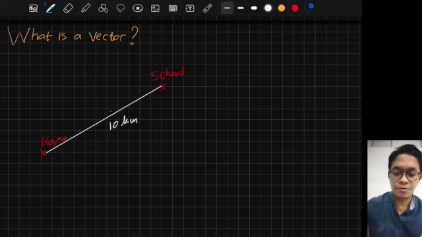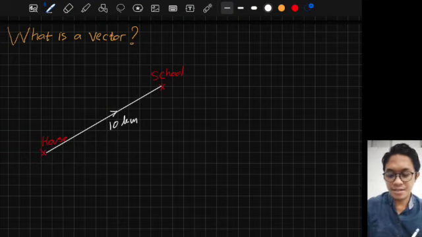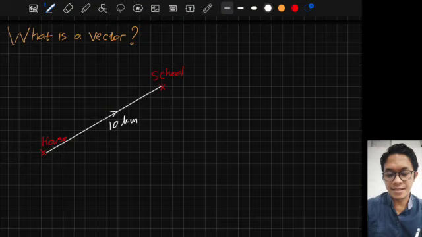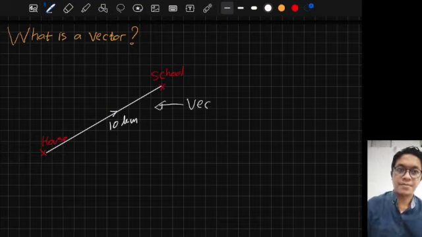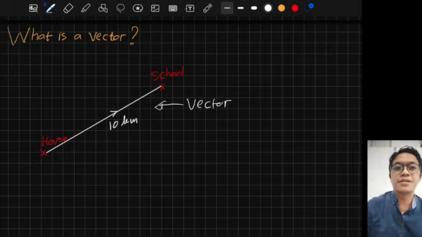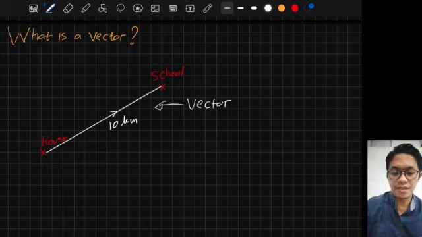Let's say you are going northeast. If you connect these two points, you will get a line whose displacement is 10 kilometers and the direction is toward northeast, and this thing is called a vector. In other words, a vector is a movement through a certain distance and in a given direction. So you know the distance and you know the direction.